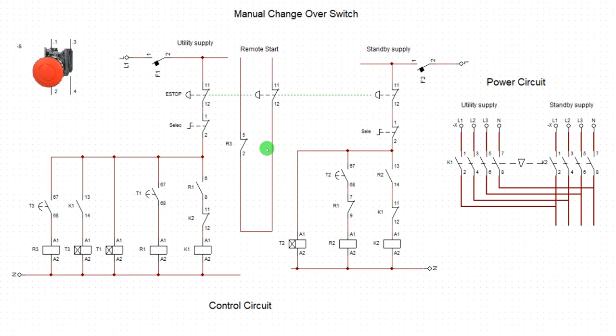All right, now, what if we want to shut the genset manually without waiting for the mains? We put on the genset and the mains is not available to shut it down. How do we shut it down? So we need to insert this switch again. Look at this switch. This switch is going to be here.